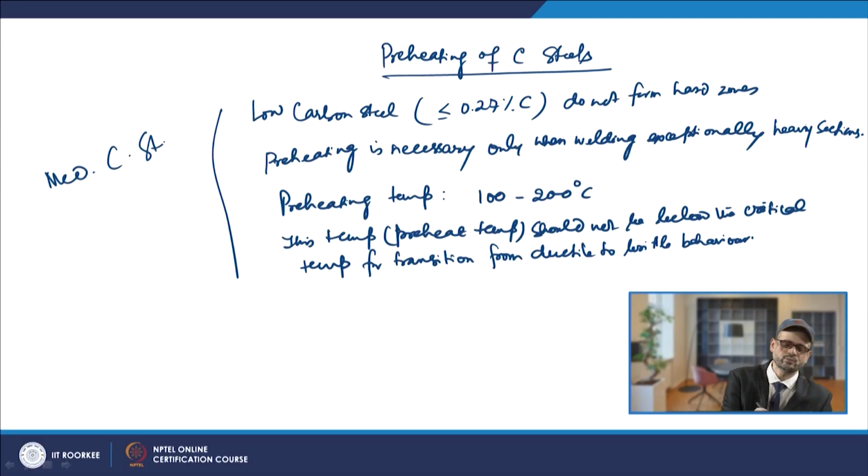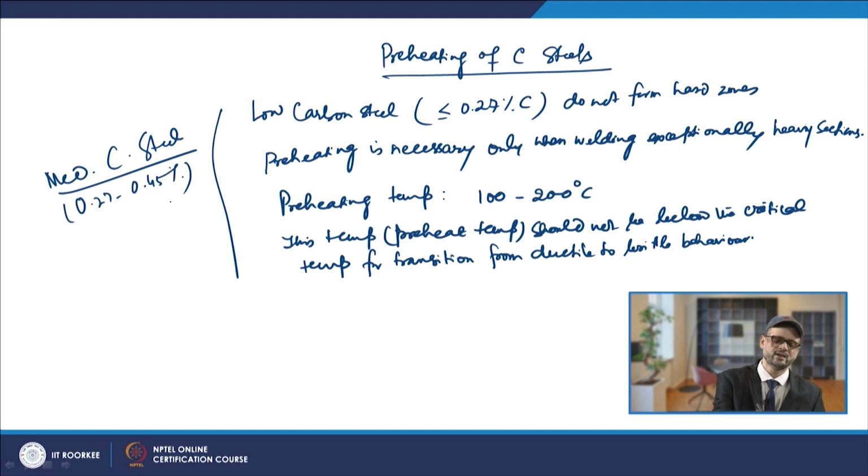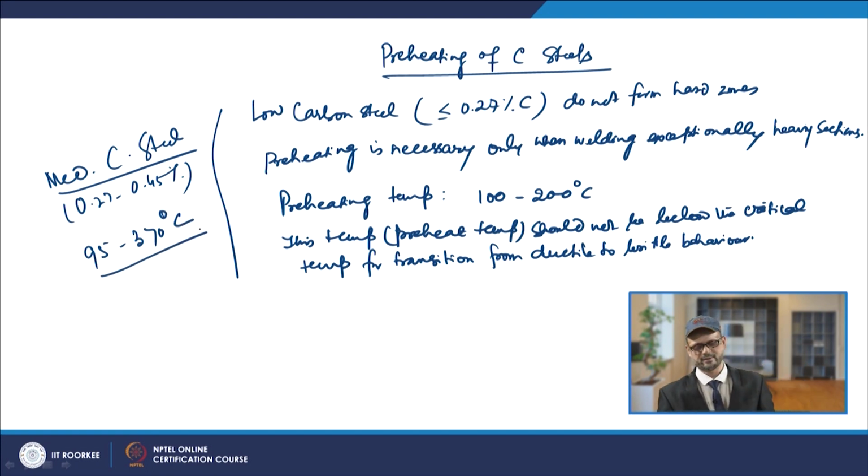Now if you talk about medium carbon steel, where the carbon is from 0.27 to 0.45%, the preheating requirement will be more. You will need a temperature of 95 to even 370 degrees centigrade.